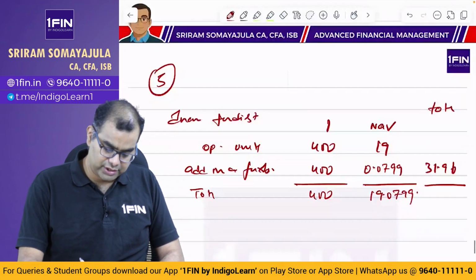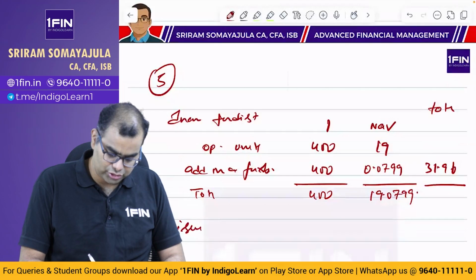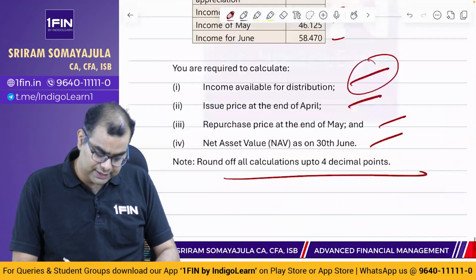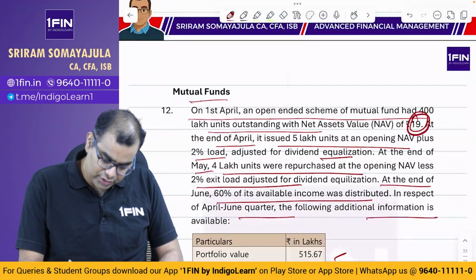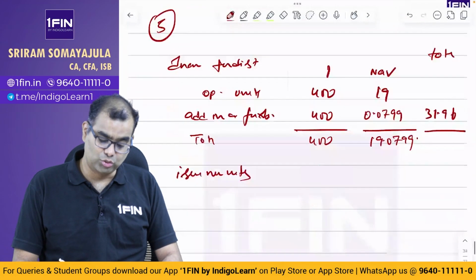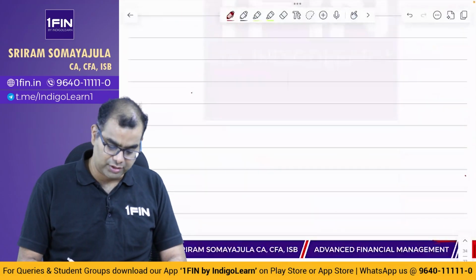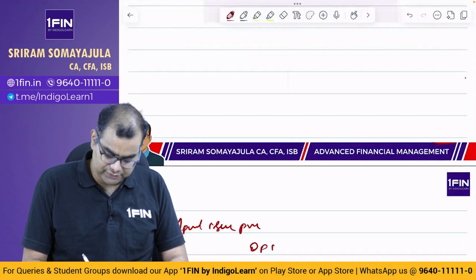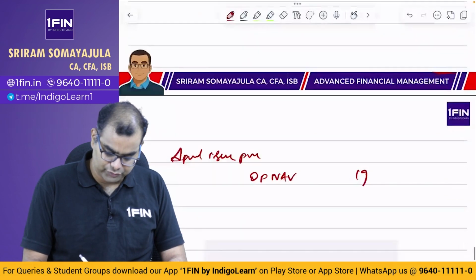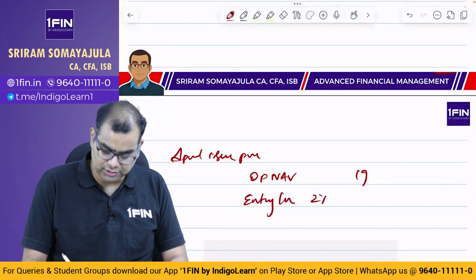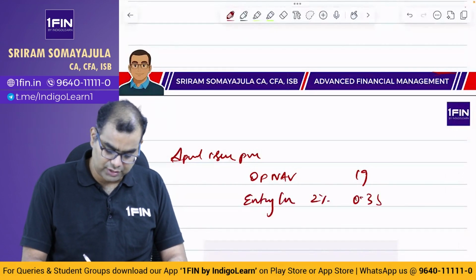Now, what are you doing? Issue fresh units, issue new units, right? What NAV are you issuing? See, you are issuing it at your 19 plus dividend equalization plus 2% load. So this 2% load is a different story, but April issue price: opening NAV 19, entry load 2%, 2% of 19 is 0.38.